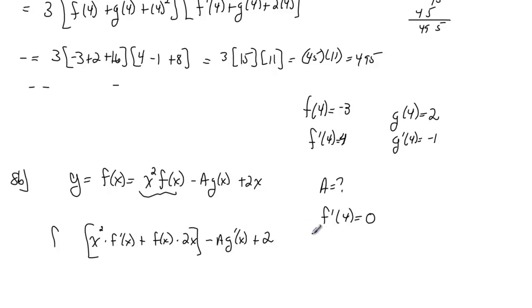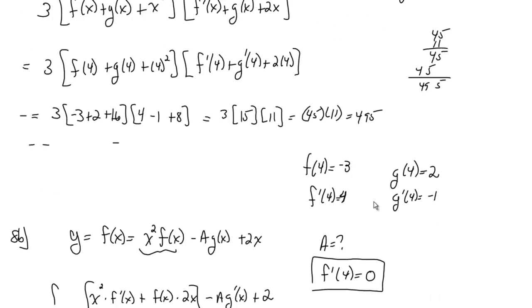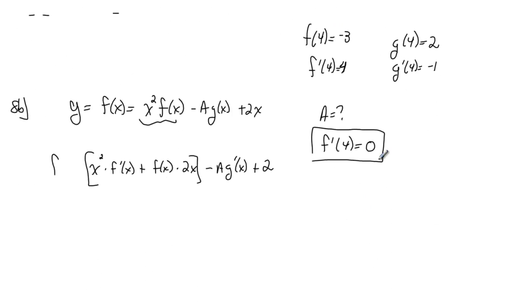So we know that y prime at x equals 4 is specifically equal to 0. So we want to find the value of a such that the slope of the curve at x equals 4 is 0. This sometimes can be a little conflicting because you're saying, what happened? When I say f prime of 4, this is actually going to be the derivative y prime is equal to 0 when x is equal to 4.